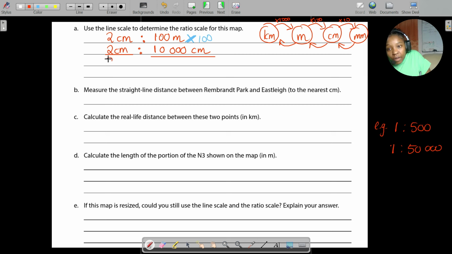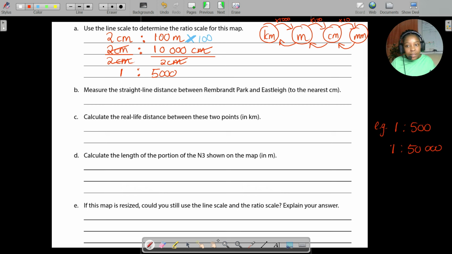So we divide by 2 centimeters. 2 divided by 2 is 1, and 10,000 divided by 2 is 5,000. Centimeters cancel with centimeters. Nice and easy. We have converted that line scale given to us into a ratio scale.